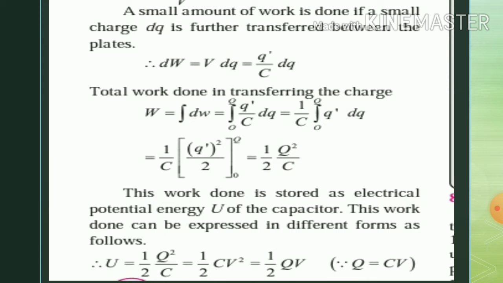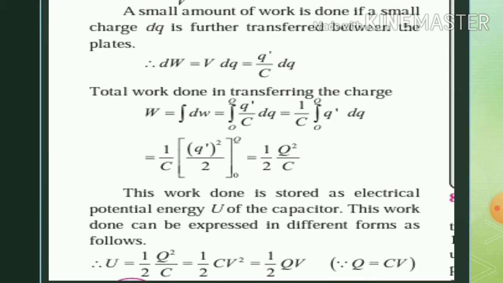Then work done is found between the limits 0 to capital Q. Means we integrate the equation dW equal to Q dash upon C into dQ, with lower limit 0 and upper limit Q.